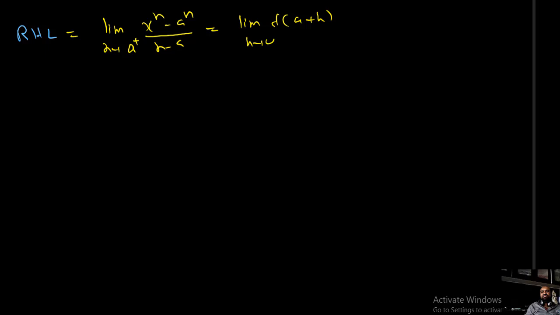So that is actual RHL only, equal to the limiting value of (x power n minus a power n) by (x minus a), x is tending to a plus, same as, just like f of (a plus h), where h is tending to 0.